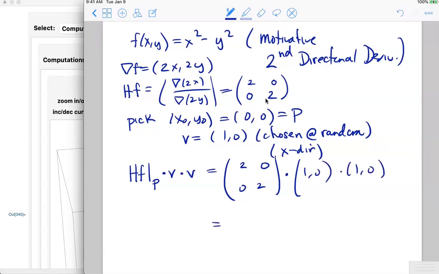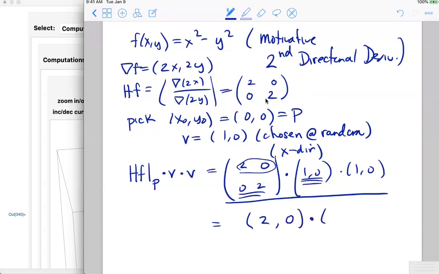And we know, from previous videos, the way to compute this multiplication is to look at the first vector of the Hessian and then dot product it with 1, 0. And you will get 2, 0 dot producted with 1, 0 is 2. Take 0, 2 now and dot product it with 1, 0, and you get 0.